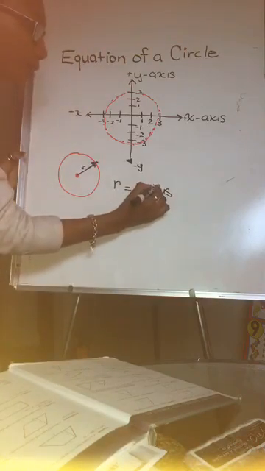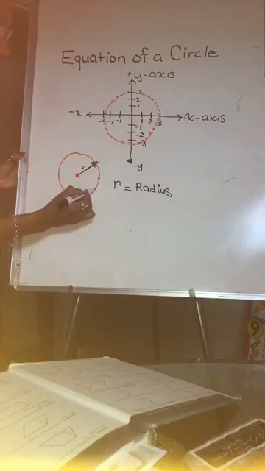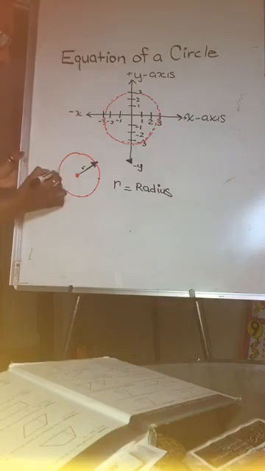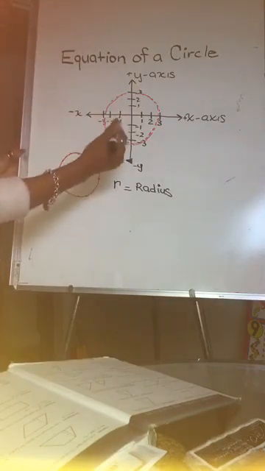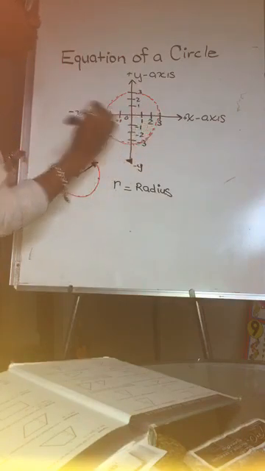Okay, so I could have a radius at any point on the circle. It doesn't matter, wherever I want to put my radius. All right, so here, this is the center of the circle, which is 0.